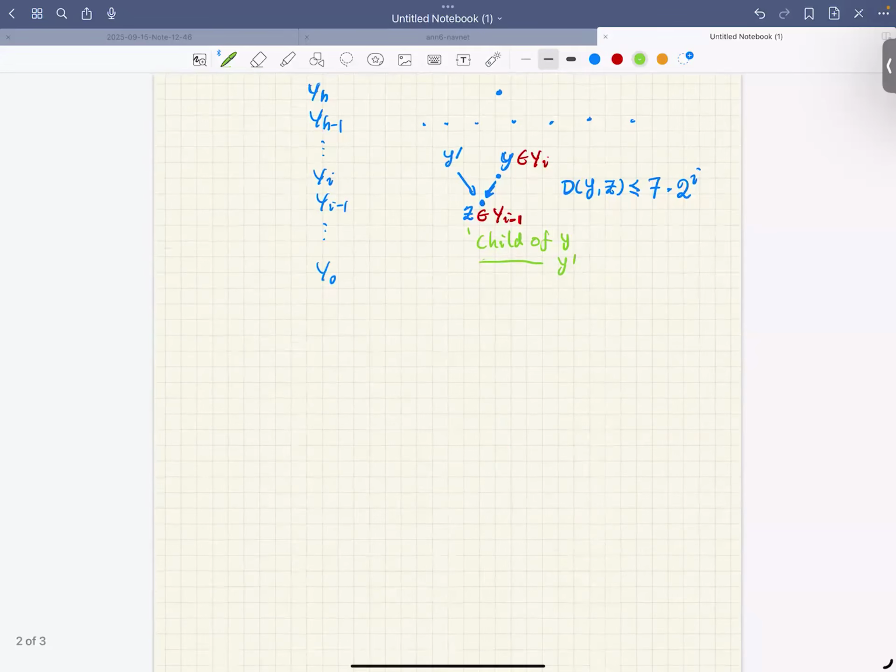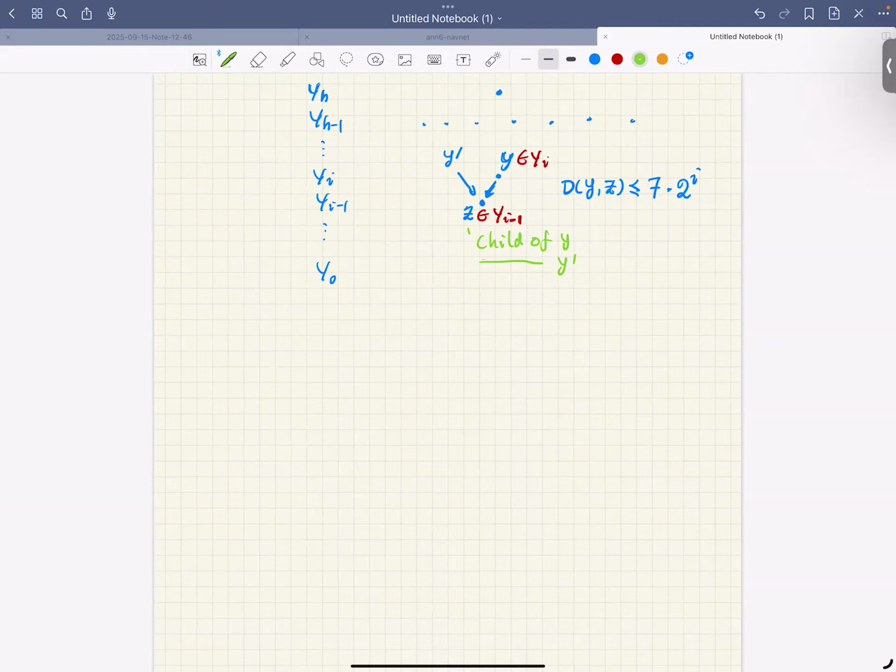Look, at every level, you have to be prepared for the worst case. In the worst case, at every level, other than the highest level, every other level would have n points. So you have to record those endpoints, but in addition to that, you also have to record their children.